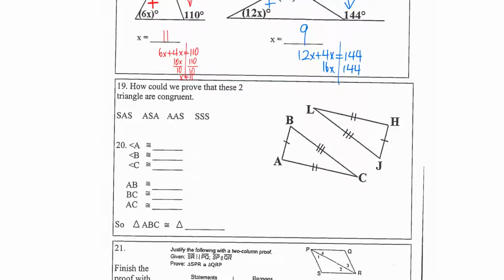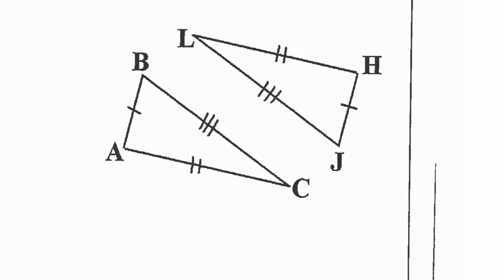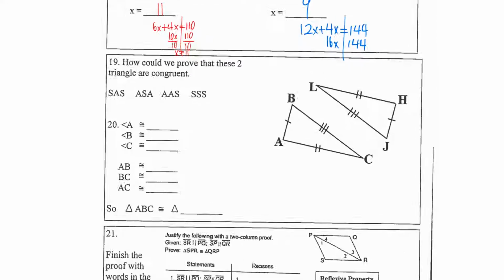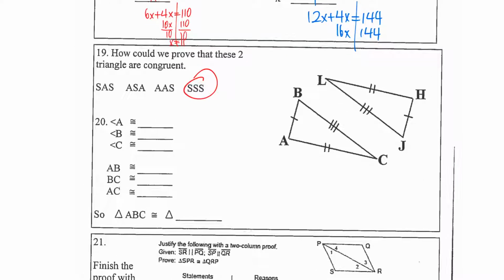Okay, number 19. With the information that's given to us right here, how could I tell that those two triangles are congruent? By SSS, side, side, side. Okay, so angle A is congruent to what? Angle H. Angle B is congruent to? Angle J. Angle C is congruent to? Angle L. Okay, side AB is congruent to what?